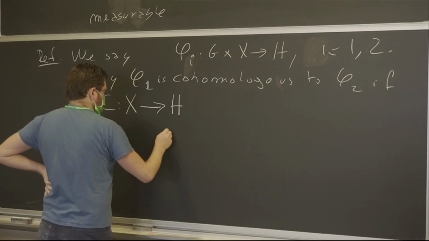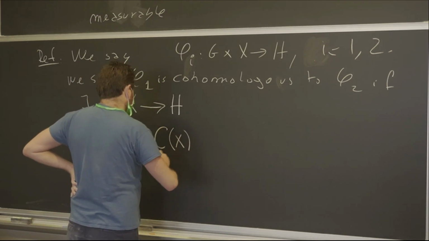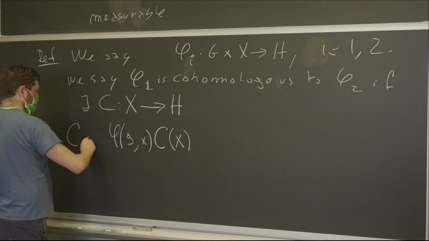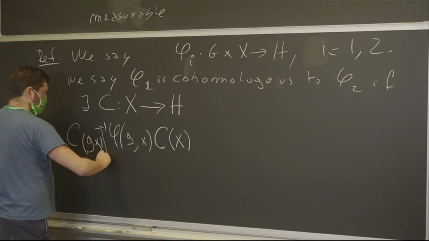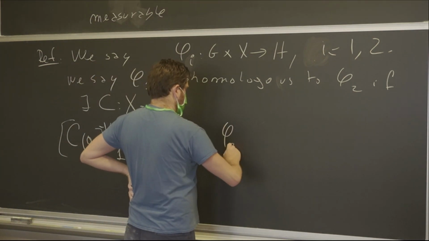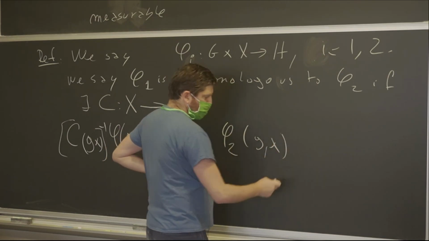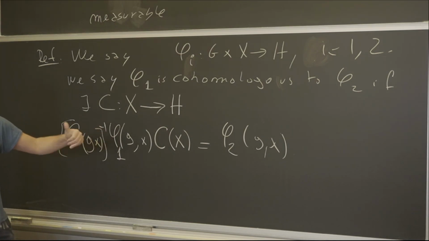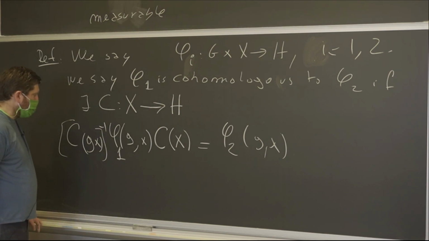So it means that if I do C of x, and I see it through the eyes of this C, I get phi 1 here. Again, you want this for every g and x, but if you are in an almost everywhere situation, almost everywhere will be good enough. So that is that the two cocycles are cohomologous.